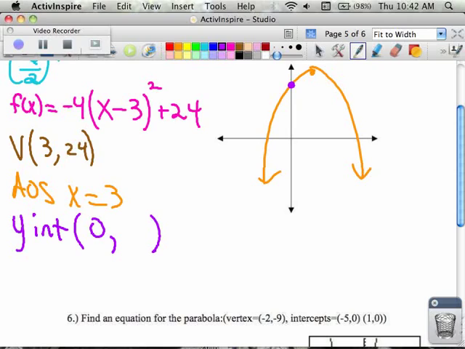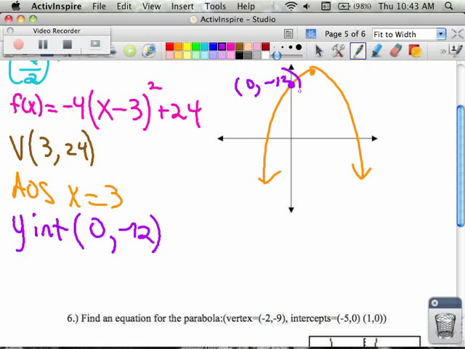Negative 3 squared is 9. 9 times negative 4, negative 36. Negative 36 and 24 is negative 12. Dang, does that graph suck. This is at (0, negative 12). Ha! The picture is ridiculous.